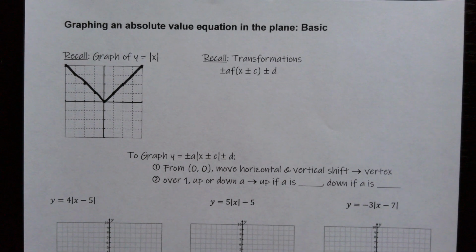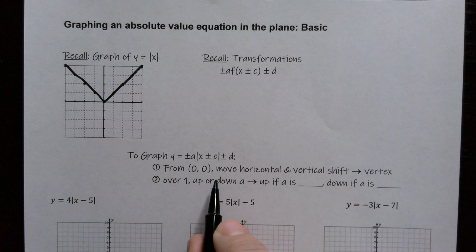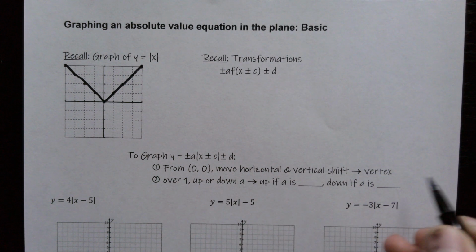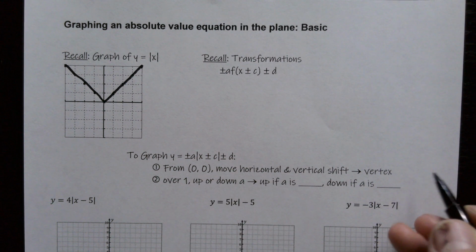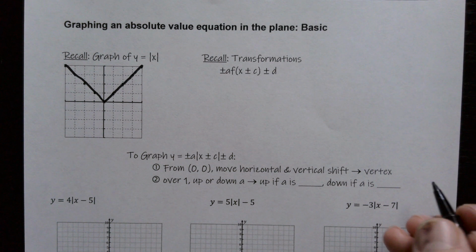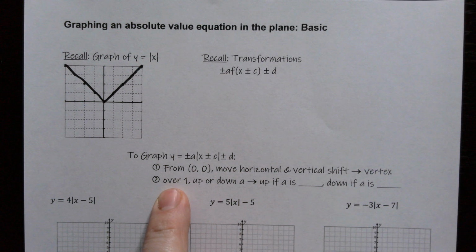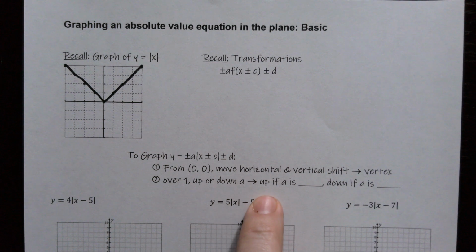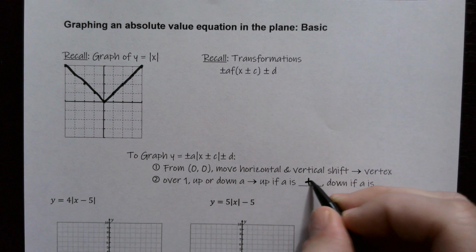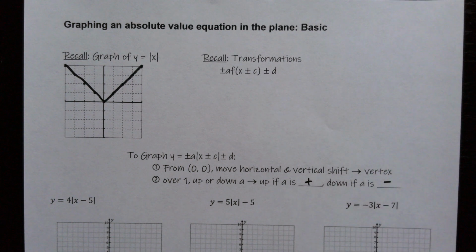So to graph this function, move from 0, 0 according to the vertical and horizontal shift and make a new vertex. Then go over 1, and then up or down A: up if A is positive, and down if A is negative.